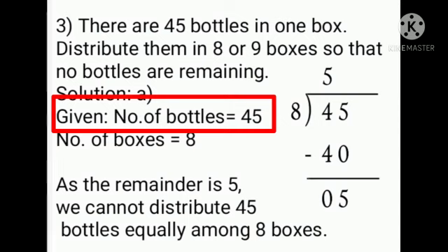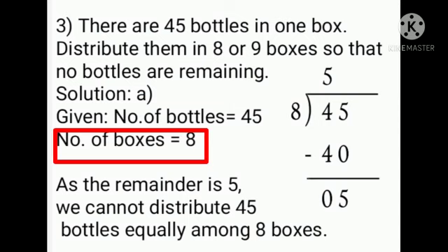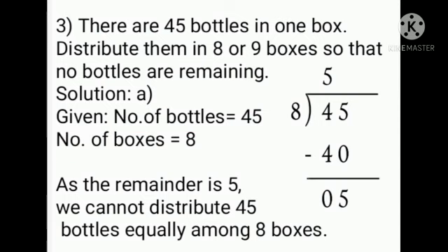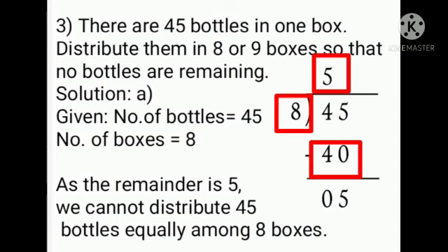Given number of bottles 45, number of boxes 8. Method division. So let's arrange the numbers and start saying 8 table till we get the answer 45. But in 8 table do we have 45? No. So we will take nearby number, that is 8 5s are 40.